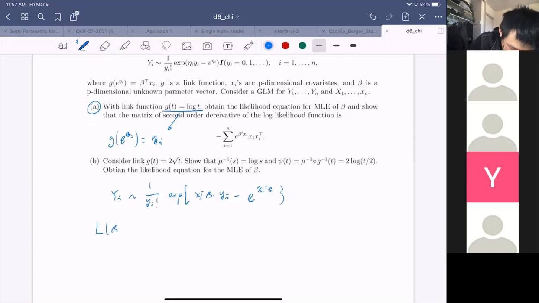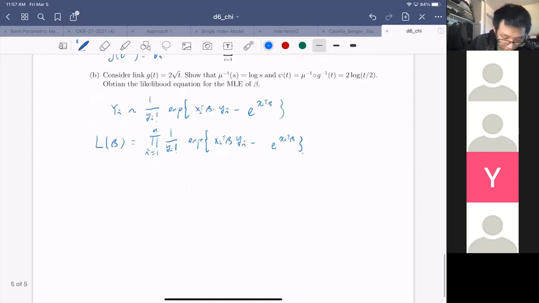So the likelihood function will be the product of this, and the log likelihood function is this summation and also the rest of the terms.